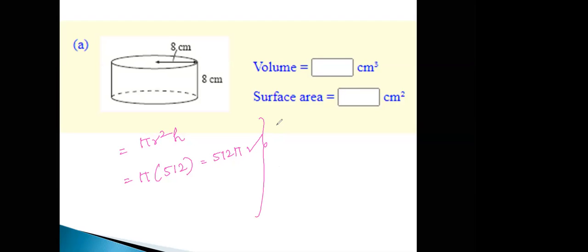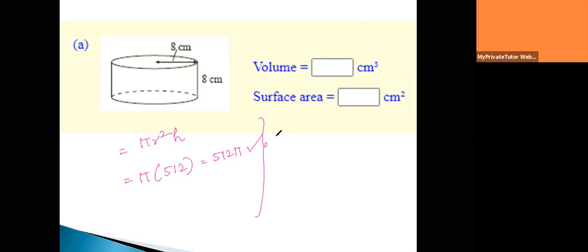The surface area is 64 centimeters squared. 64, you said. So I hope you used the formula. What is the formula used? 2 pi r squared plus 2 pi r h. This is the formula, isn't it? So let me check if your answer is correct.